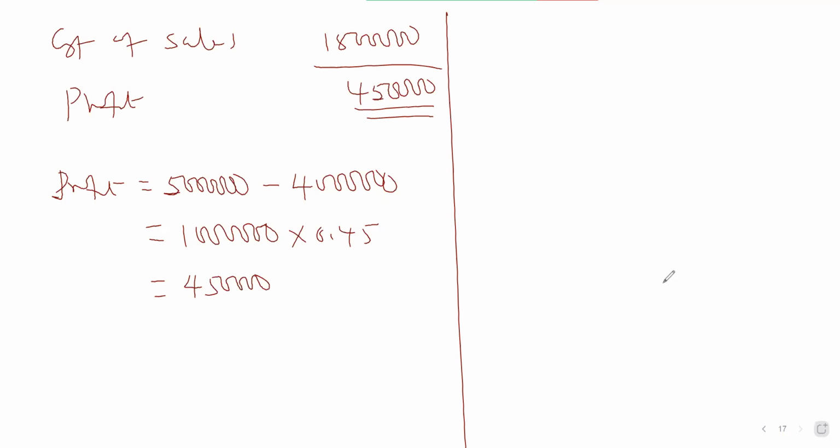But if the company is sure of completing the contract, then they can recognize revenue when the performance obligation is satisfied over time.